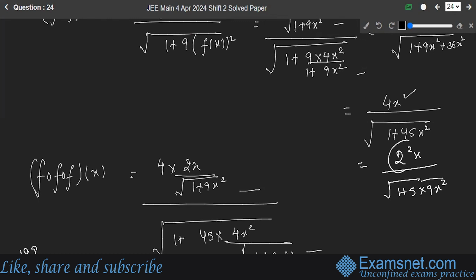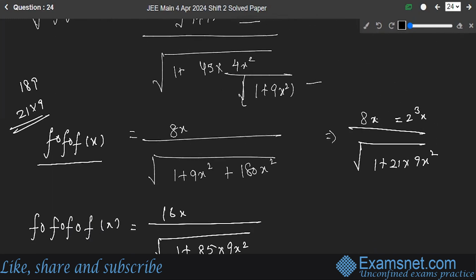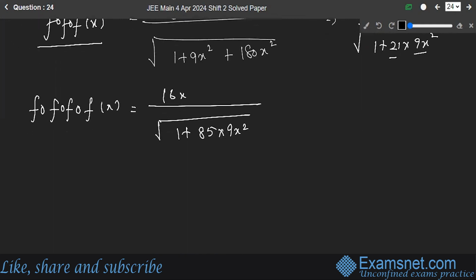Here you have 2 part 2 because we are finding 2 of the functions, 5 into 9, and this is f into f of x. This is 2 part 3 upon 21 into 9, and this is f of f, that is 4. So this is 2 part 4 into x. Here is 85 into 9.